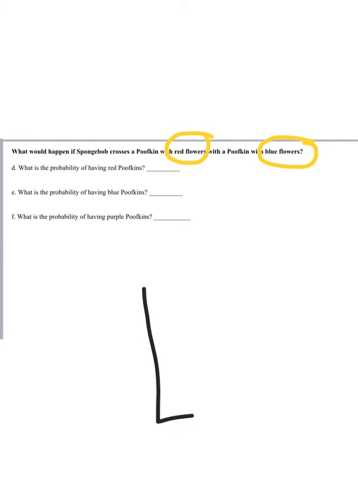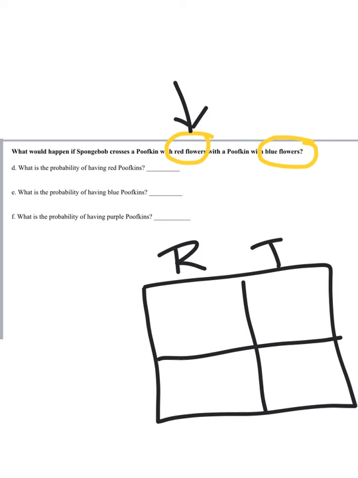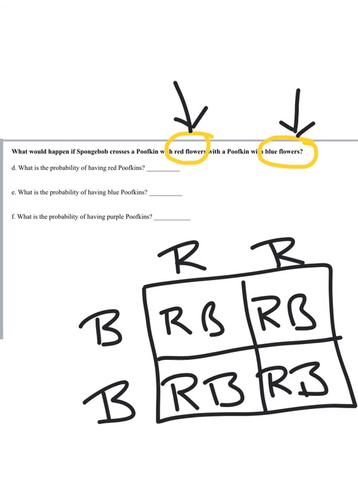So we're going to draw our Punnett square, and we know based on the previous slide that our red will be RR. And we know, again on the previous slide, that blue is BB. And so when we fill out our Punnett square, we have a whole bunch of RBs.